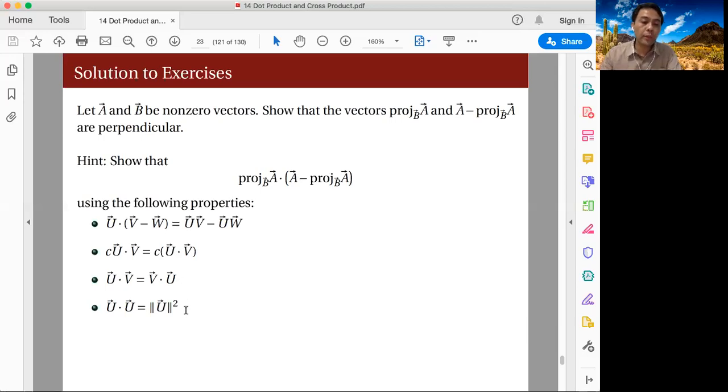And the last would be the property that the dot product of a vector with itself equals the square of the magnitude of that vector. Okay? And then you must be able to show that this dot product equals 0. Then you conclude they are perpendicular.